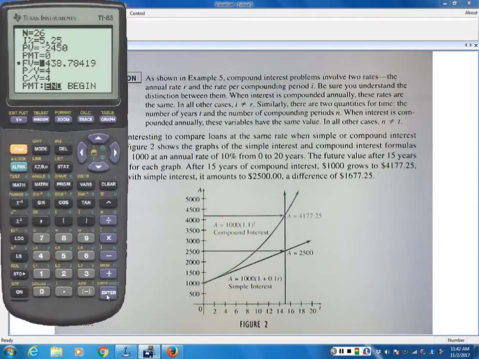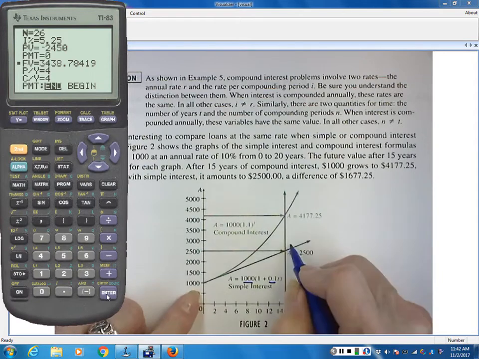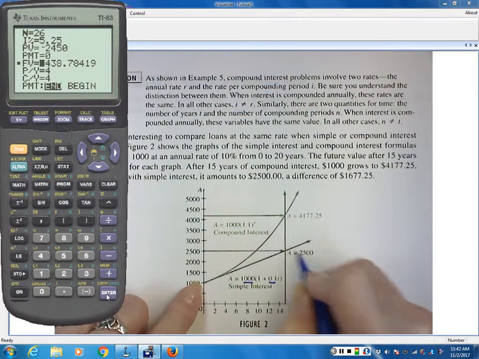Now, so that you have an idea of the difference between simple interest and compound interest, if you invested $1,000 at 1% simple interest, at the end of 20 years your future value would be $2,500.